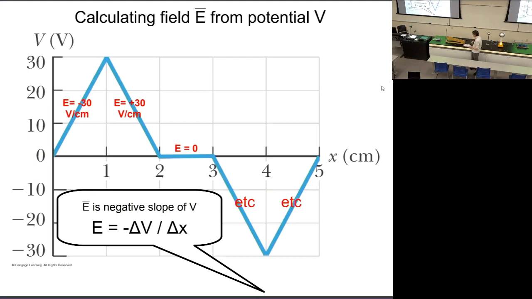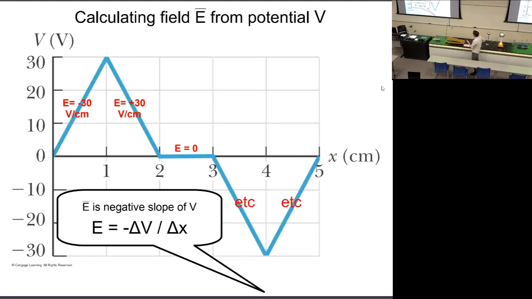And the rule is that the electrical field is the negative slope of the electrical potential. We can all see where it's sloping up, sloping down, not sloping at all. You can see that slope of the electrical potential, so you're essentially seeing the electrical field.